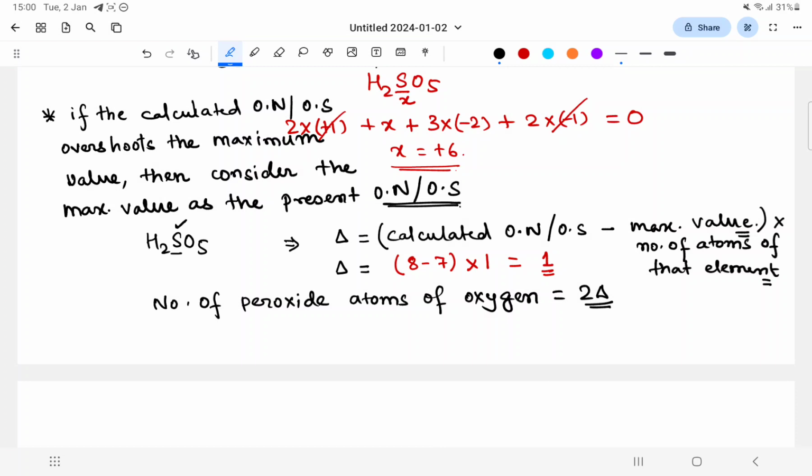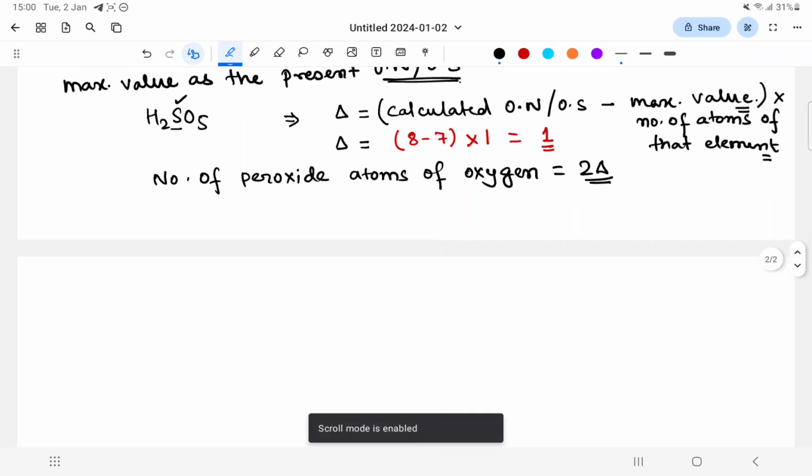It is a very important technique you can use, and if there are two such oxygen atoms, you can easily identify the peroxide linkage present between them.